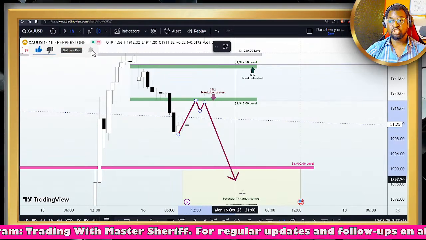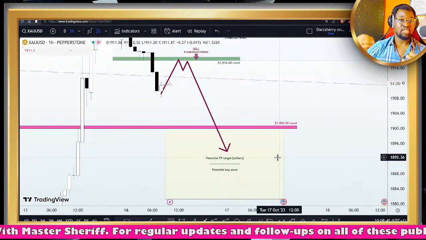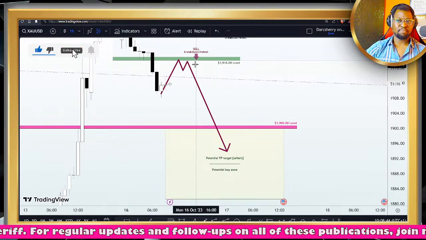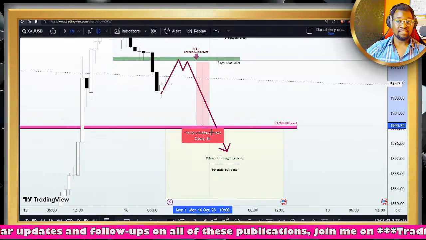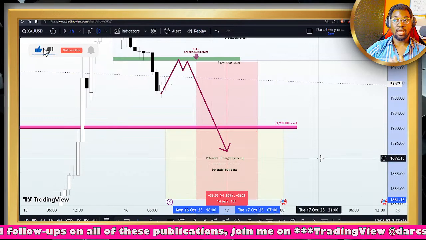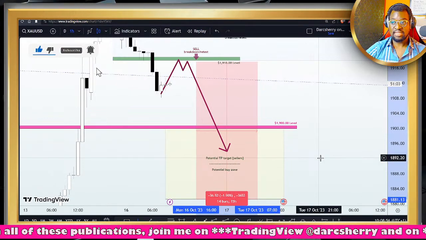And if this happens, we join the bearish momentum, having our TP target anywhere between the 1,900 and the 1,800, which possibly will be dovetailing to a minimum of 160 pips and a maximum of 365 pips to catch here if price truly retraces into this area.